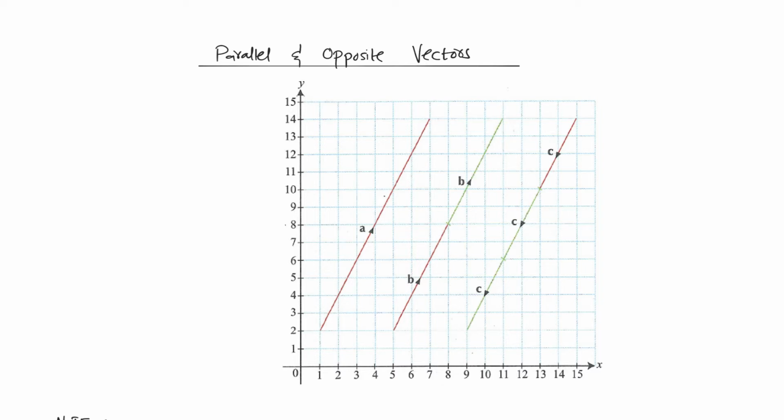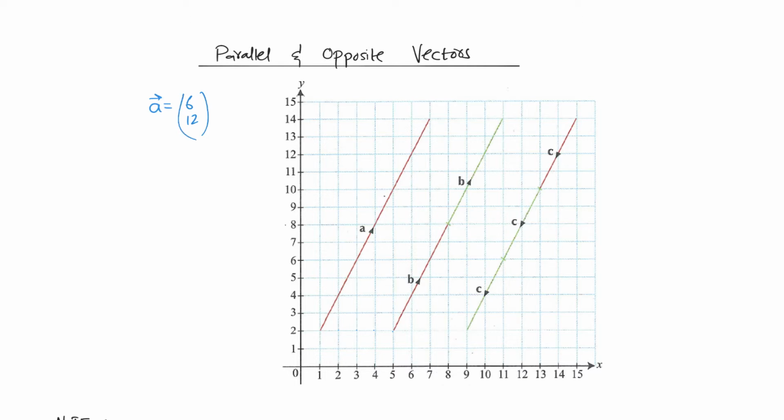If I write vector A in terms of its column vector, you would agree with me that it comes out to be 6 and 12.